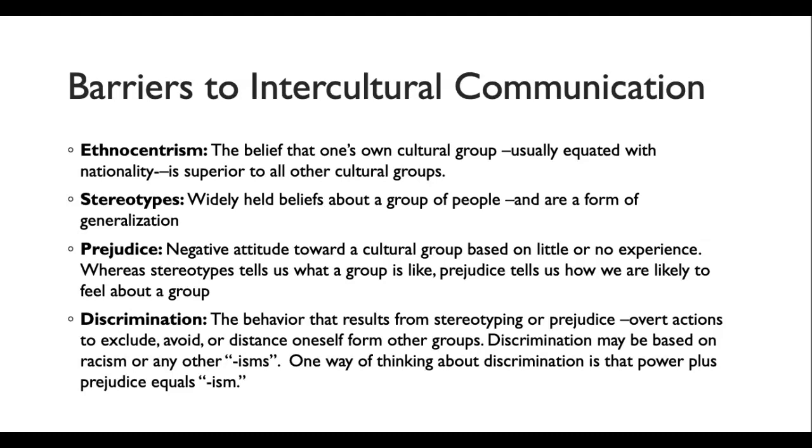The next one is prejudice, which is negative attitudes toward a cultural group based on little or no experience. Whereas stereotype tells us what a group is like, prejudice tells us how we are likely to feel about the group. So the word prejudice always starts with like prejudgment, right? So you make a judgment about how you feel about a certain group of people without knowing them first, right?